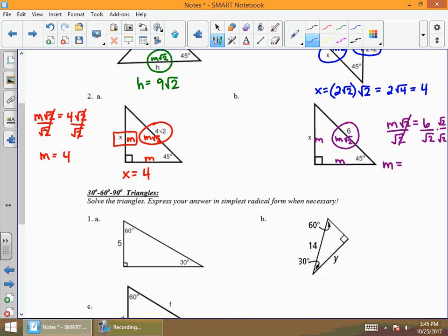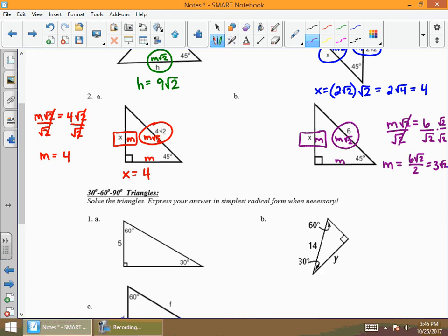The reason I want to do that is so the top is 6 radical 2. The bottom is radical 2 times radical 2, which is 2. And then 6 divided by 2 is 3 radical 2. If you need help with simplifying radicals, just ask. I can sit with you and help you with that.